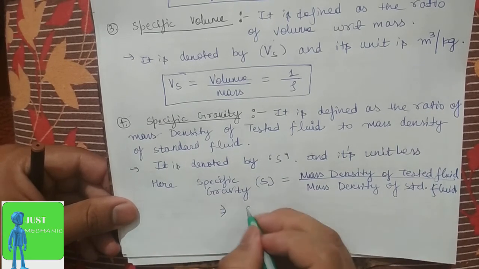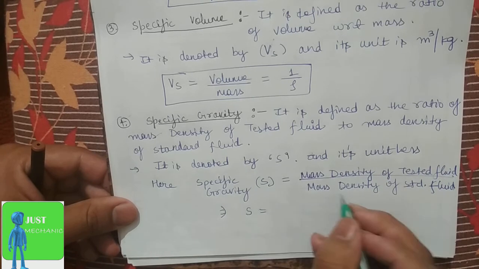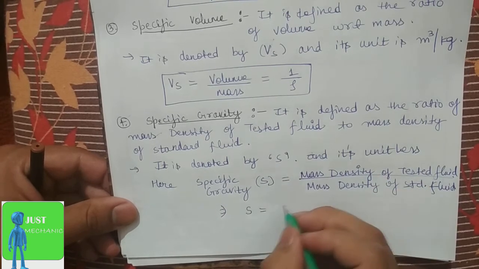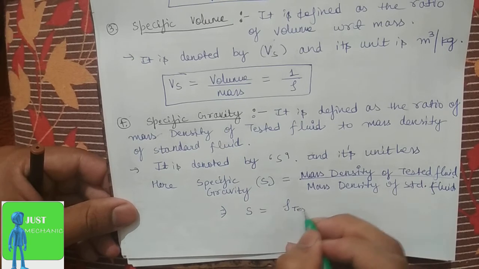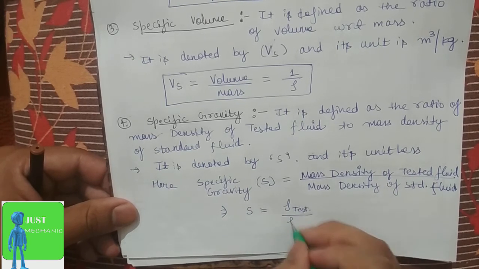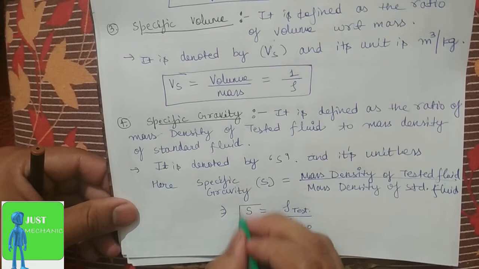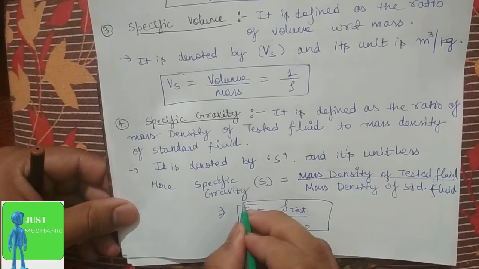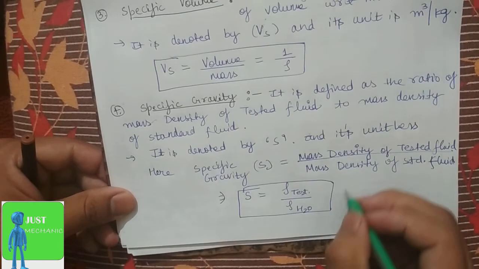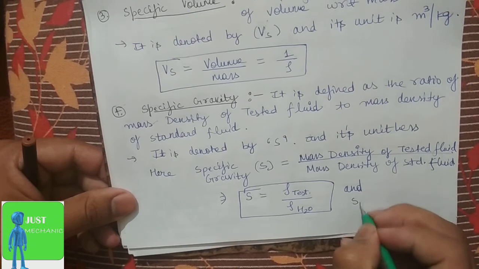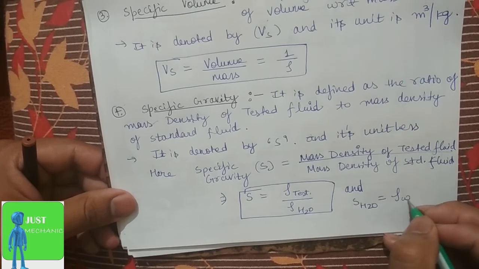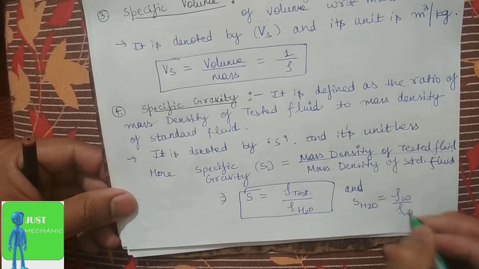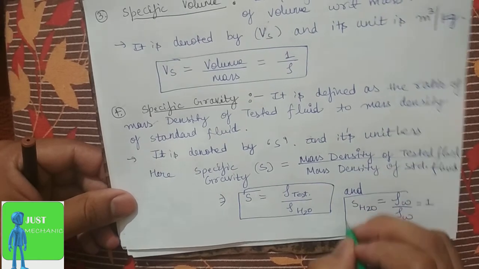It implies S equals density of tested fluid divided by density of water, and specific gravity of water equals density of water upon density of water, which equals 1.